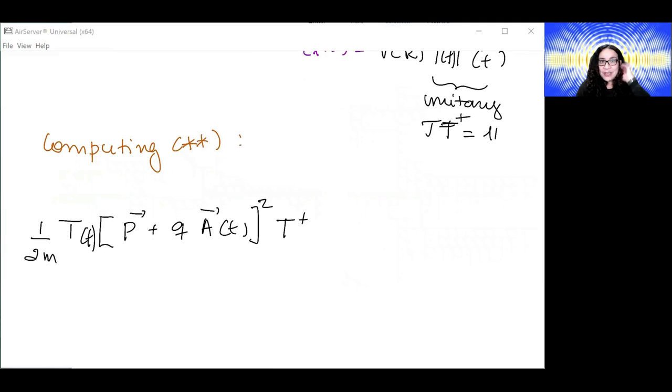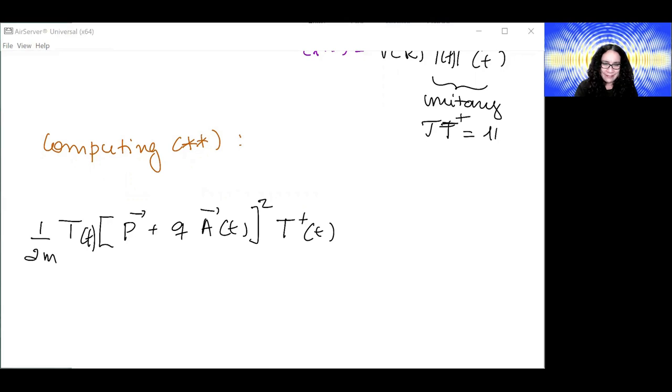And I can make a trick. If I look at this, it looks as if I were applying the operator twice, right? Whenever you have a square of an operator, it is applying it twice.